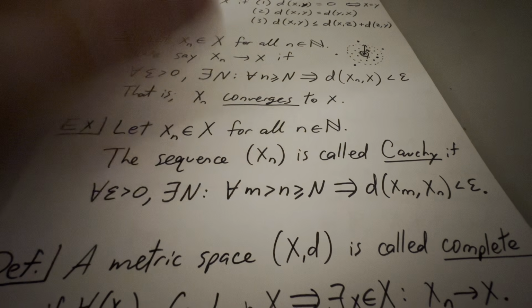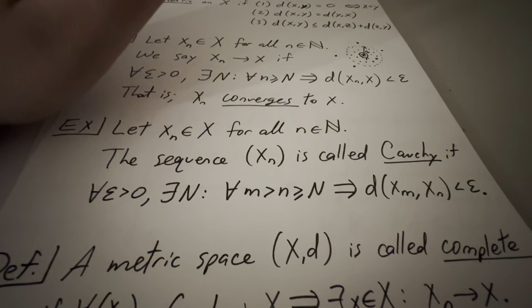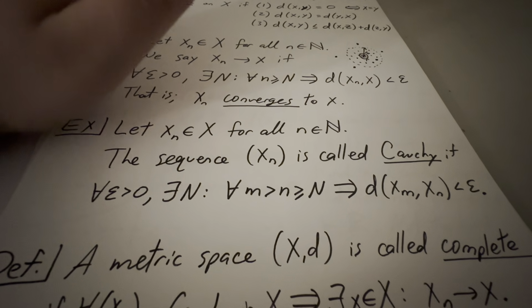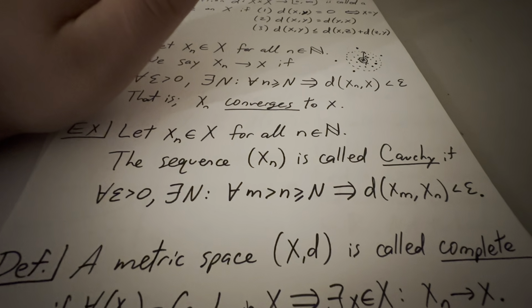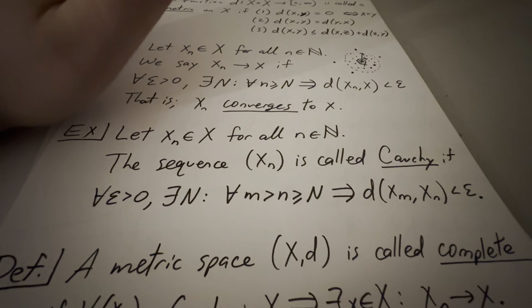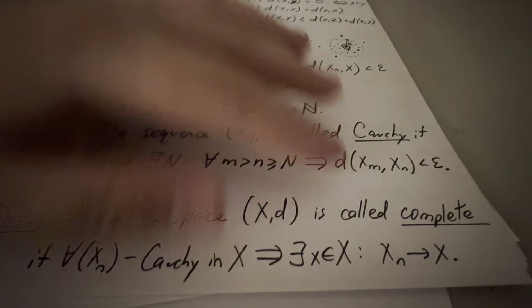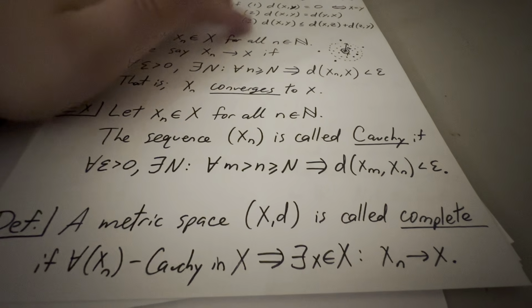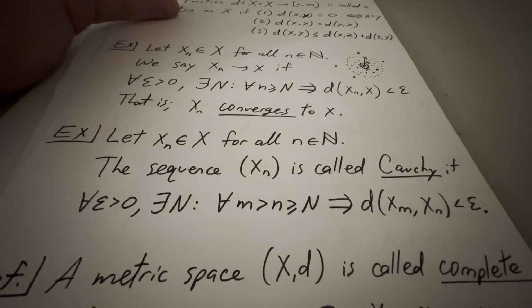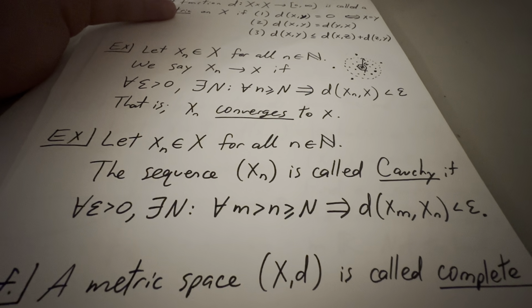Okay, so in this definition here of Cauchy sequence, there was never any mention about an x, like this sequence had to converge to anything. It made no mention of it at all. In fact, given the metric space, there's a whole reason this definition of completeness comes into play, because you can have a Cauchy sequence, but it may not converge.